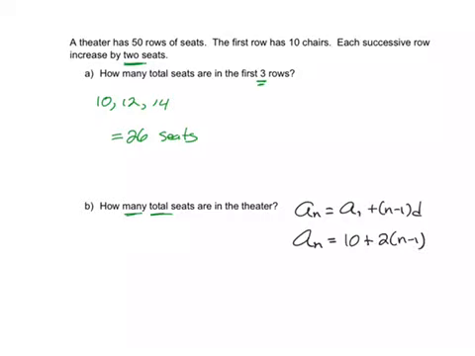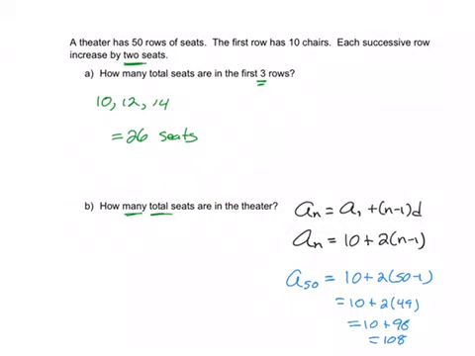I'm going to use that formula to find how many seats we have on the 50th row. 10 plus 2 times 50 minus 1, so 10 plus 2 times 49, so 10 plus 98, so 108 seats on that last row of the theater.